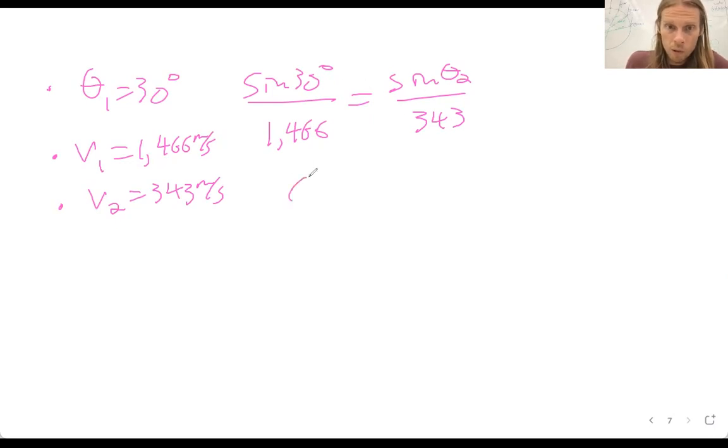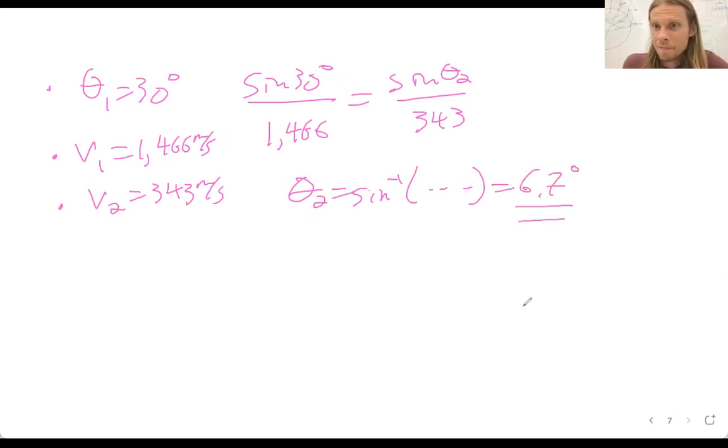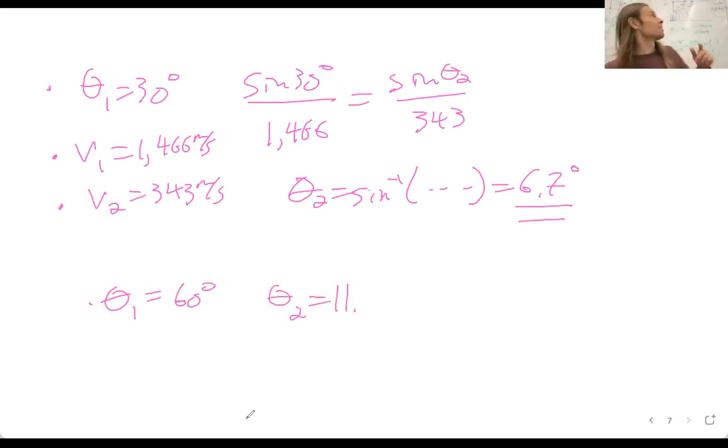Great. And then what we would get is we would do theta 2 is the inverse sine of some decimal that you would find. And you would get that it should be 6.7 degrees. That's tiny. And for theta 1 is 60 degrees, I think you should get theta 2 is 11.7.